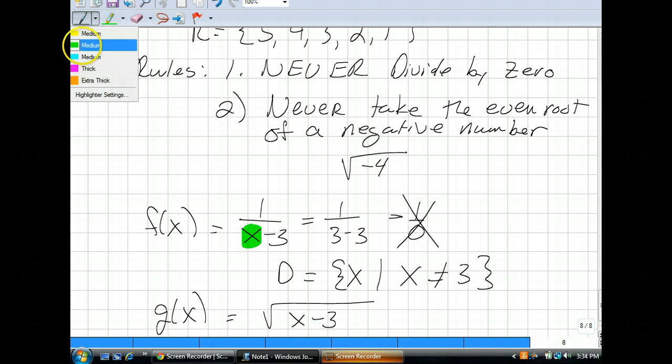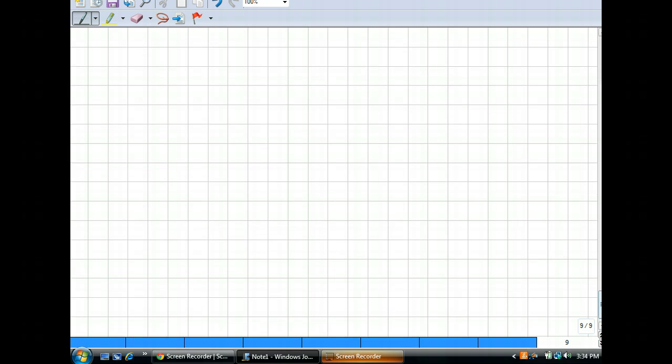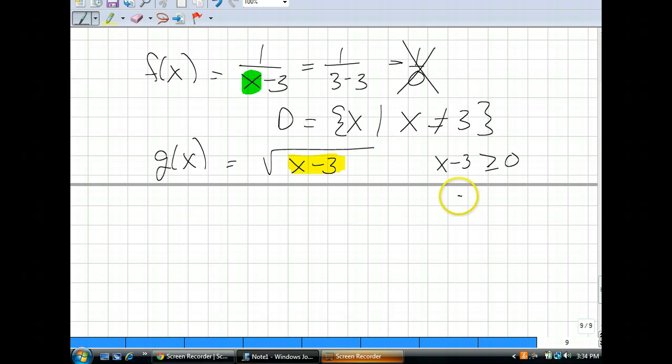Okay? Another example would be g of x is equal to the square root of x minus 3. So the number underneath the radical, or the square root, has to be a positive number. So that means that the result of x minus 3 has to be greater than or equal to 0. So if I solve for x, x has to be greater than or equal to 3. So the domain, as long as the x I put in is greater than or equal to 3, then I will never break the second rule.